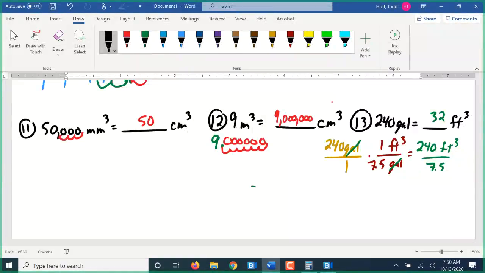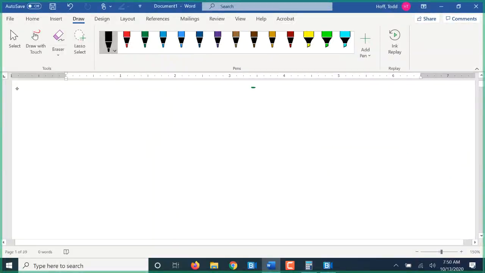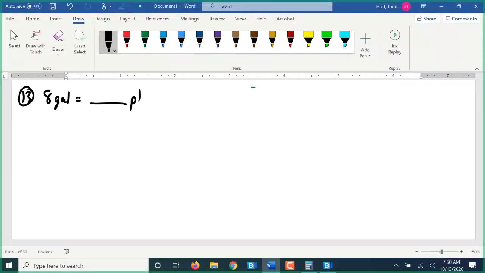Any questions on any of those? Well, let's have you try a few more. So 8 gallons is how many pints? We're going to go from 4 gallons into cubic inches.